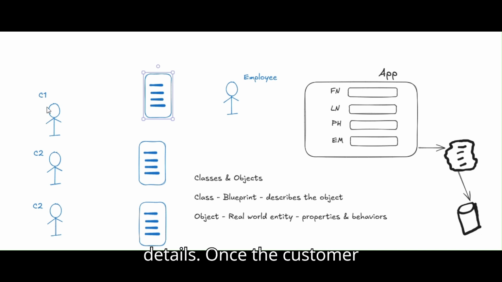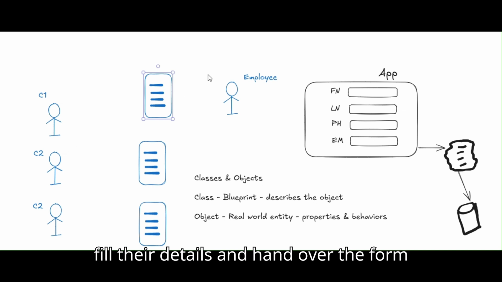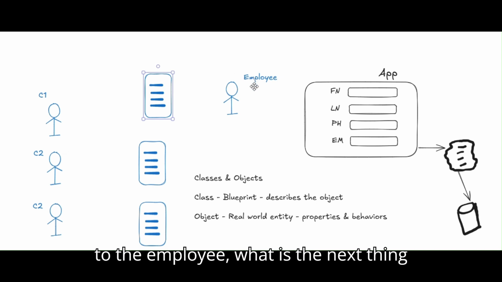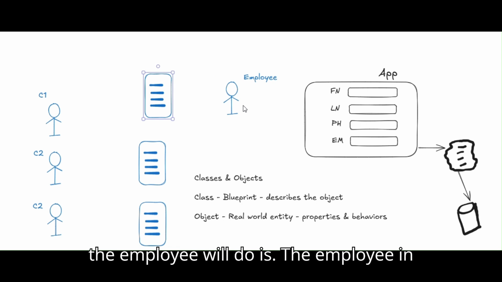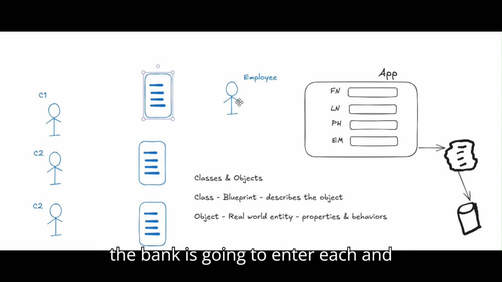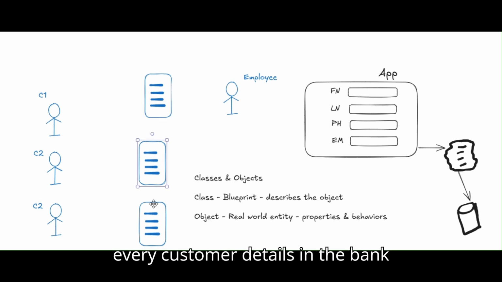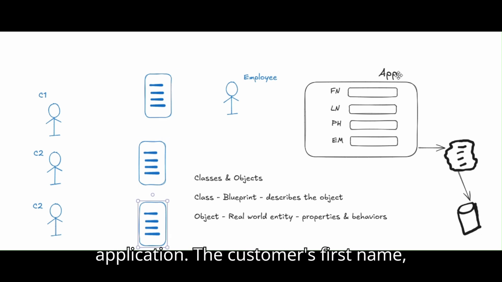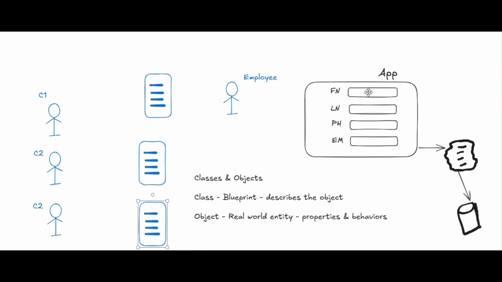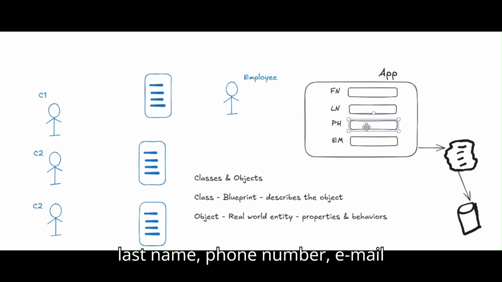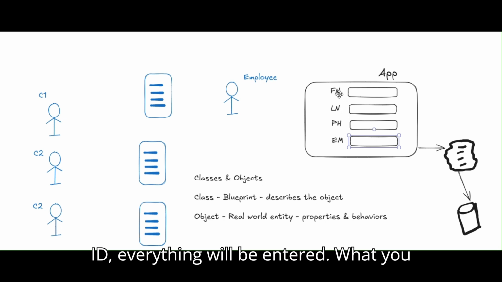Once the customer fills in their details and hands over the form to the employee, the next thing the employee will do is enter each and every customer's details in the bank application. The customer's first name, last name, phone number, email ID, everything will be entered.